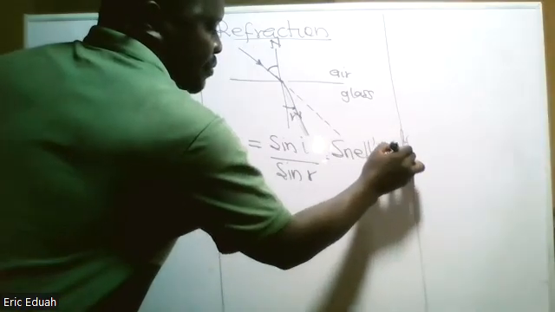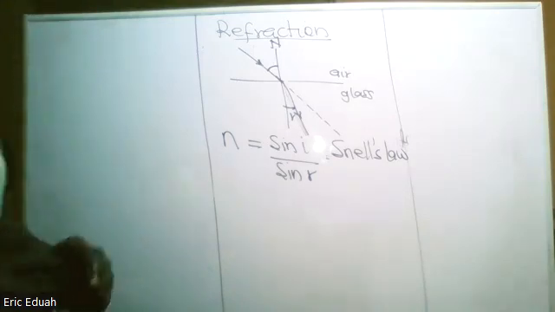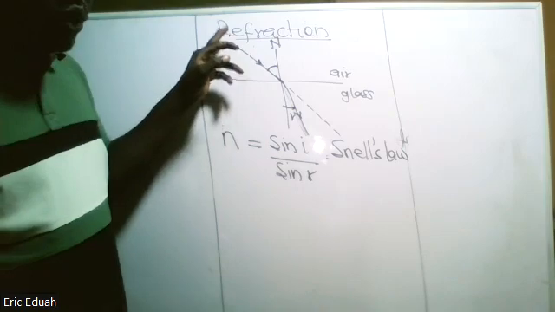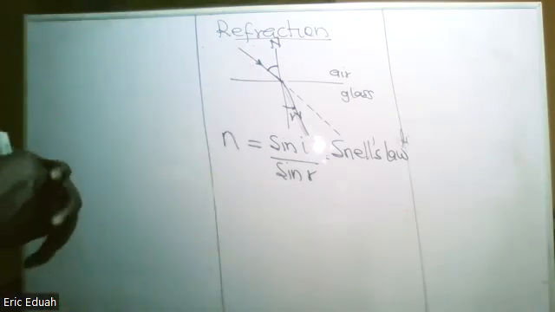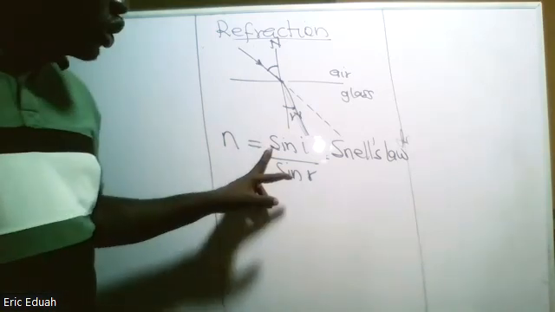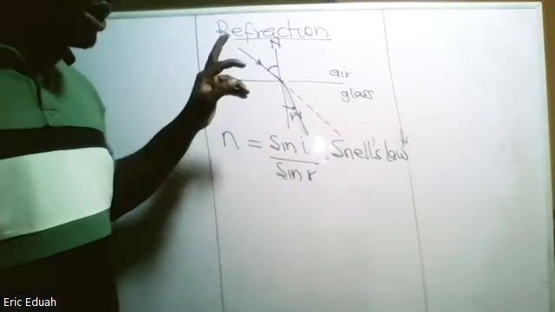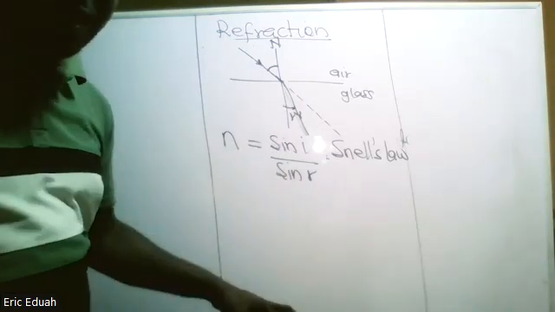Snell's law is saying that whenever light travels from one medium to another of different optical densities, the ratio of the sine of the angle of incidence to the sine of the angle of refraction is equal to a constant.